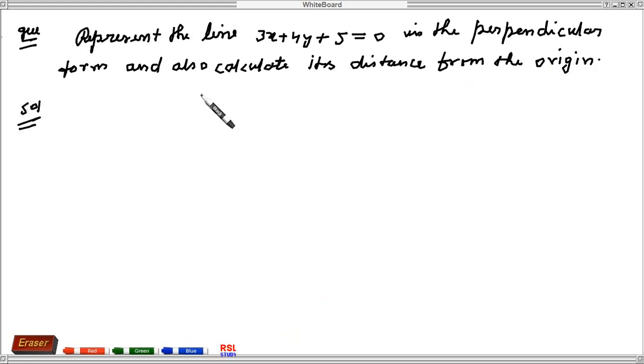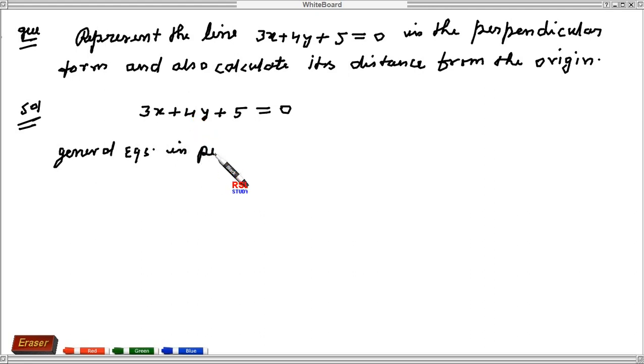So, representing 3x plus 4y plus 5 equal to 0 in perpendicular form, we will just divide by under root of the coefficient of x squared plus the coefficient of y squared. The coefficient of x is 3 and the coefficient of y is 4, so under root 3 square plus 4 square.